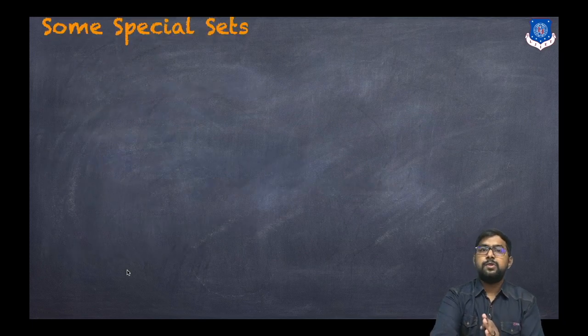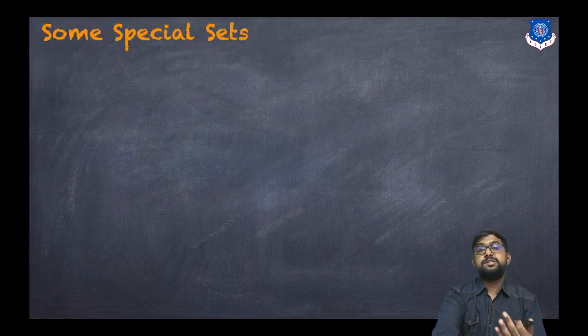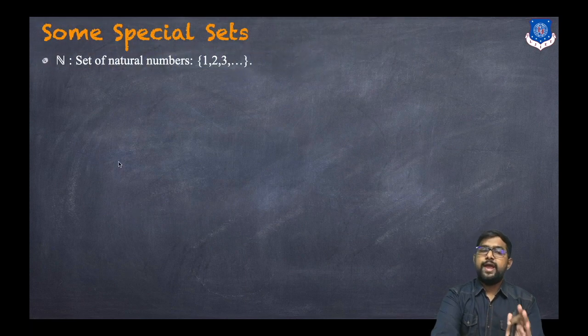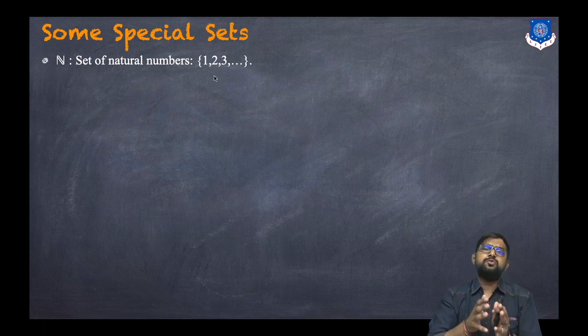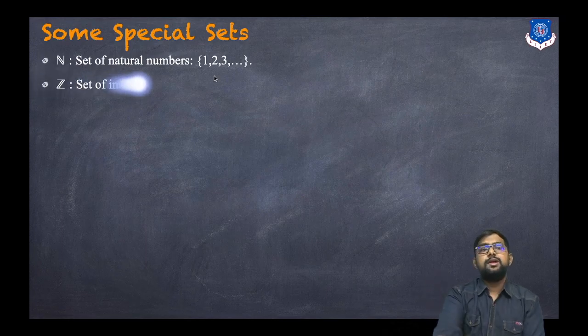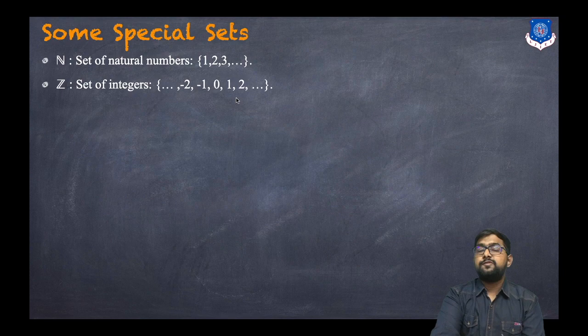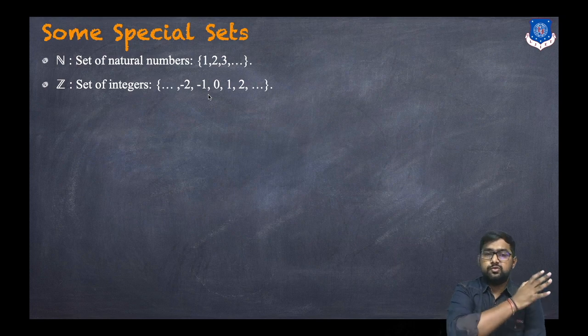Fine. Now let us discuss some special sets. N is the set of natural numbers, which contains the elements 1, 2, 3 and so on. Z is the set of integers, which contains 0, 1, 2 and so on, and -1, -2 and so on.